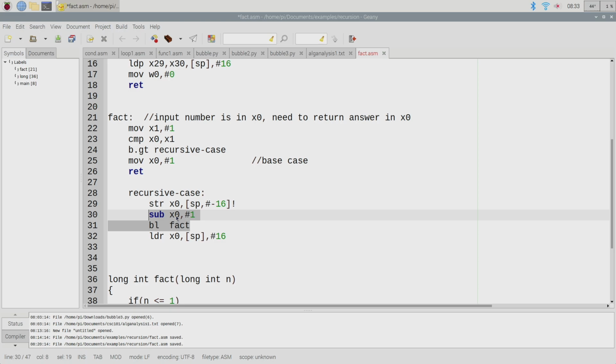Okay, all right, so where should I load the number 5 back off the stack to? I shouldn't put it in x0 because when I come out of the fact function, what's sitting in x0? An answer. Okay, and if I load something into x0, what have I just done to that answer?